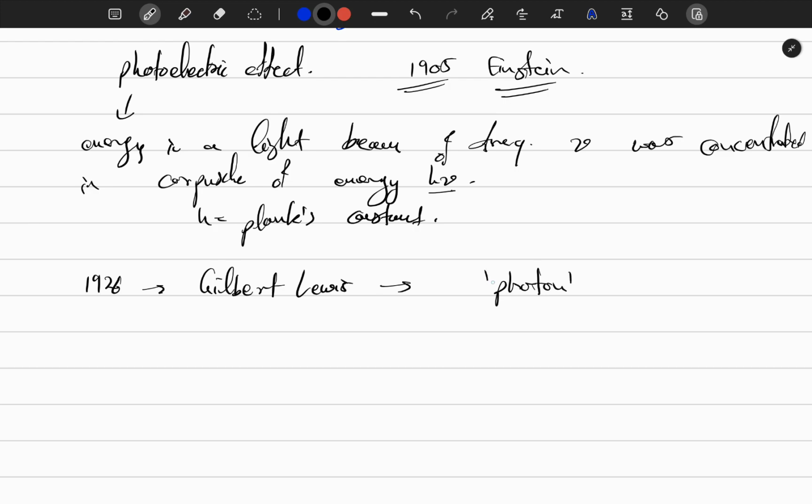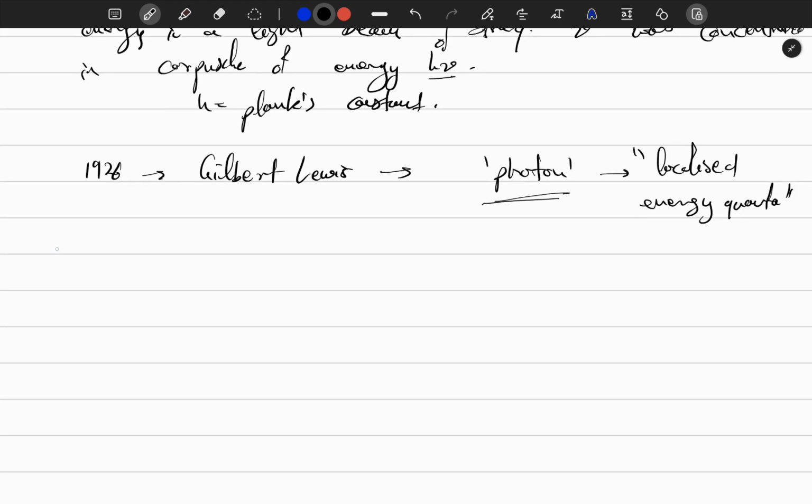He used the word photon to describe Einstein's localized energy quanta. Einstein received the Nobel Prize in 1921 for his discovery of the law of the photoelectric effect, and not for his theory of relativity.